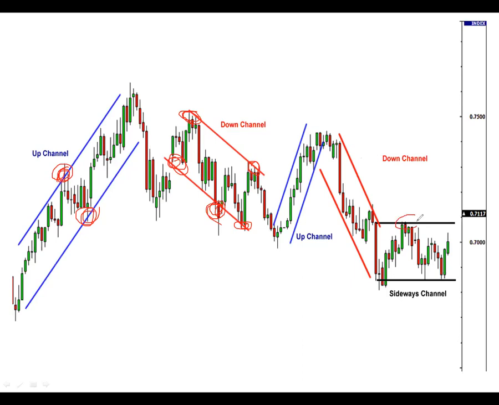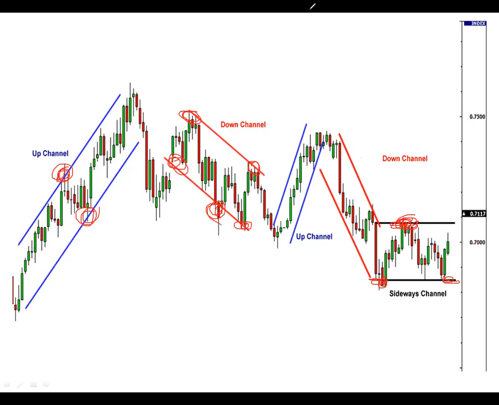If you look at the sideways channel, you see a resistance level here, a support level here, and a support level here. So once you draw two parallel lines connecting the supports and the resistance, you end up getting a channel in which the market is moving up and down.